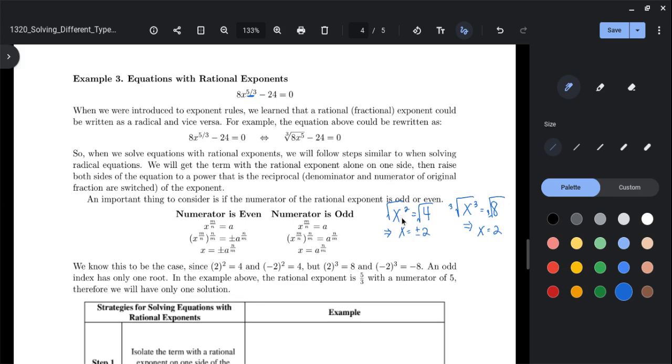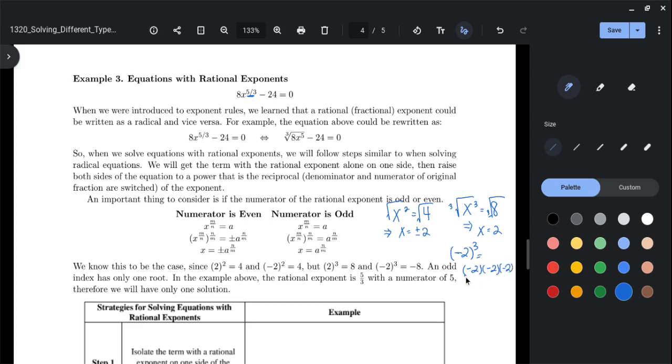If I have positive 2 times positive 2, or positive 2 squared, we get positive 4. If I have a negative 2 squared, so negative 2 times negative 2, we still get positive 4. But in the case of an odd exponent, if we were raising a negative 2 to the power of 3, that would be negative 2 times negative 2 times negative 2.